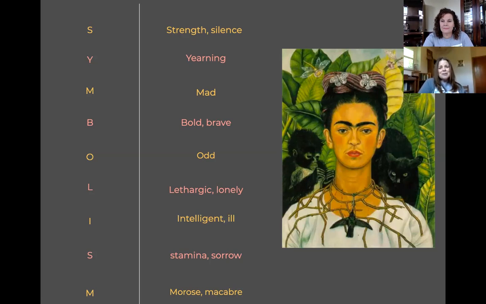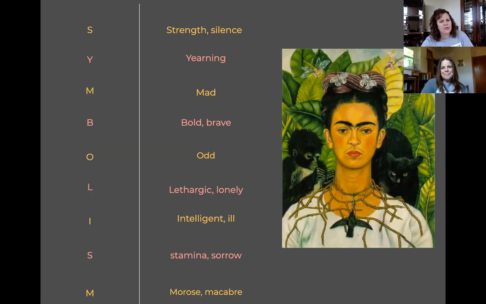And then I also chose ill because even after she had that bus accident, she continued to have more and more surgeries. And eventually she ended up dying from the bus accident years later from all the pain and struggles that she had from that.